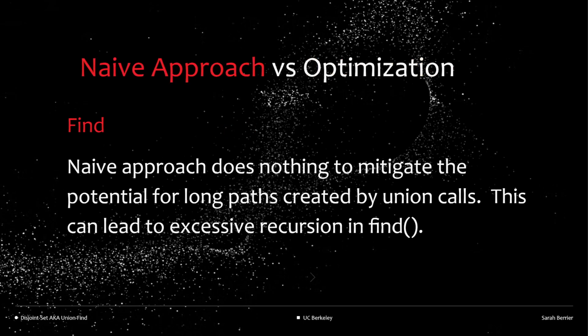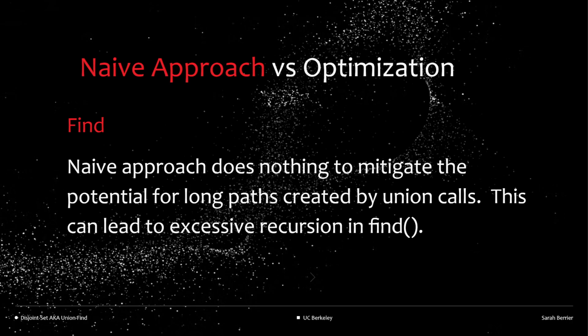Now with the find function, the naive approach is basically just doing nothing to mitigate the potential for long paths that can be created with multiple calls to union. So if you're just unioning over and over again, you could get a very imbalanced tree.